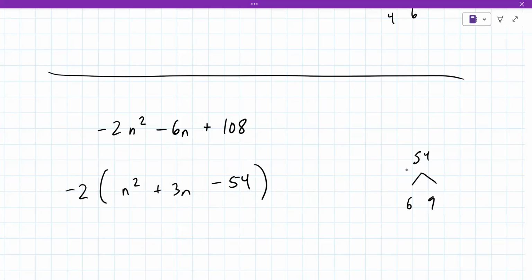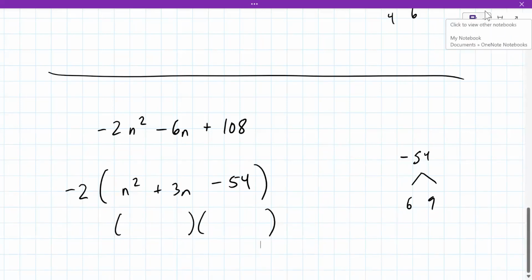You have told me it is some combination of 6 and 9, right? One's positive, one's negative. So would it be -6 and positive 9? Yes. So what goes in parentheses here? Tell me, sorry, variable first.